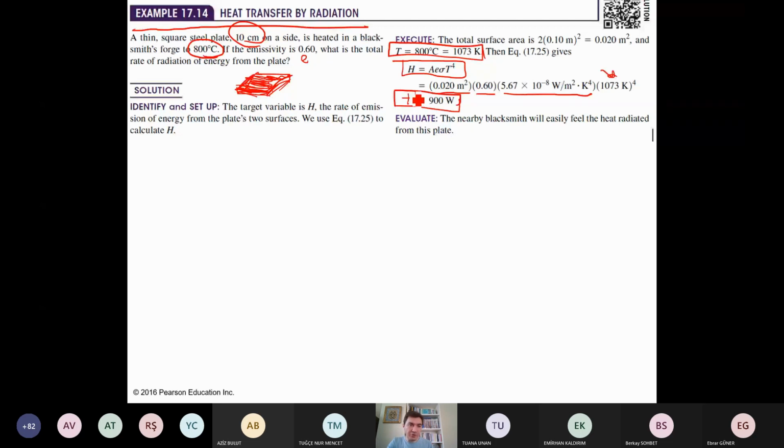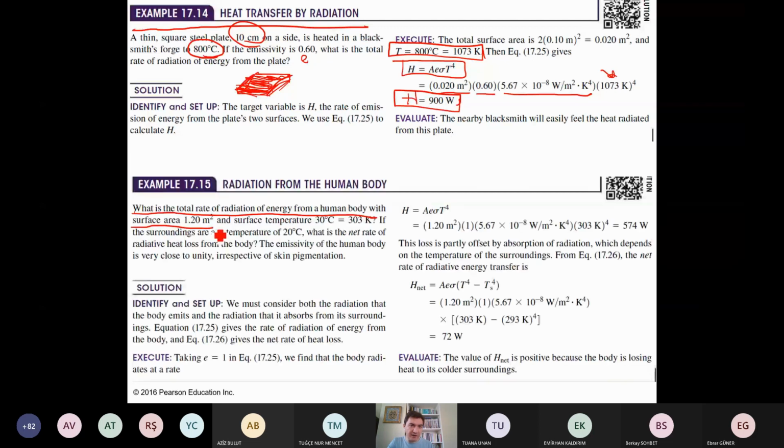And radiation from the human body. What is the total rate of radiation of energy from a human body with a surface area of 1.2 square meters and a surface temperature of 30 degrees Celsius, or 303 Kelvin, if the surroundings are at a temperature of 20 degrees Celsius? What is the net rate of radiative heat loss from the body?